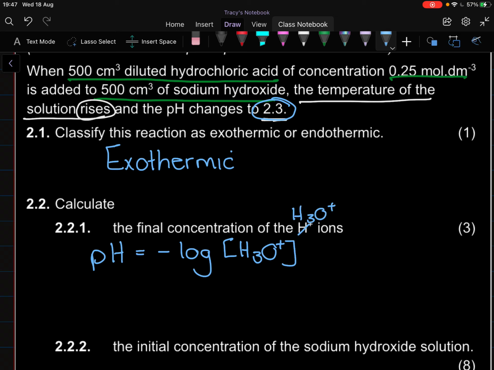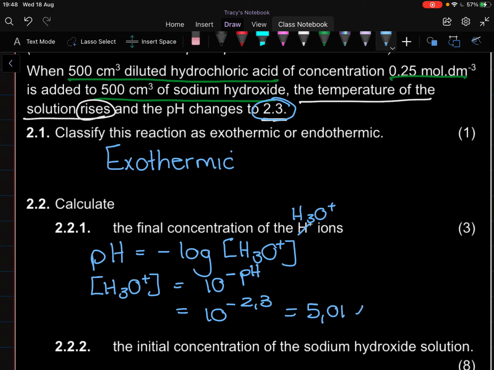It's the same thing, okay? Which means the concentration of the H3O plus ions is equal to 10 to the negative of whatever the pH is. So this is 10 to the negative 2,3, and what that gives me is 5,01 times 10 to the minus 3 moles per decimeter cubed.